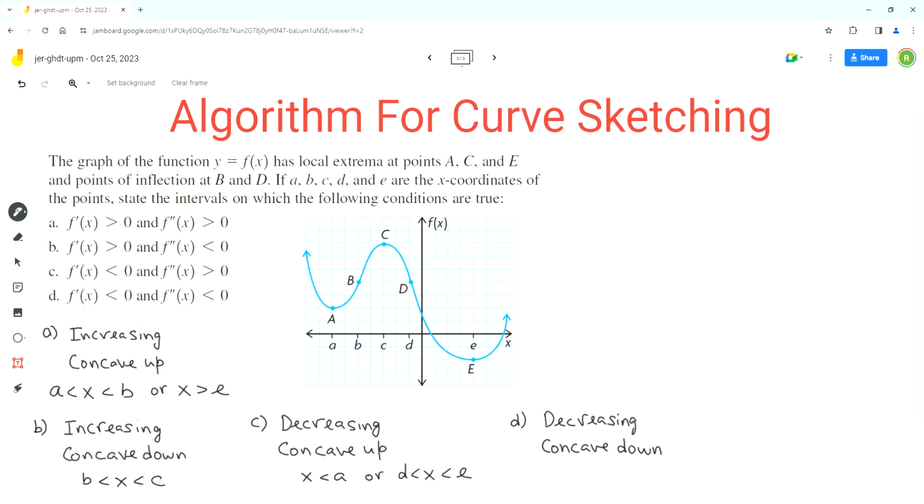The function should slope downward from left to right, and it should make a frowny face. So that's from point C to D. So the first interval is x is greater than C and less than D. Now there is no other interval where the function is decreasing and it's concave down. So this should be the final answer for part D.